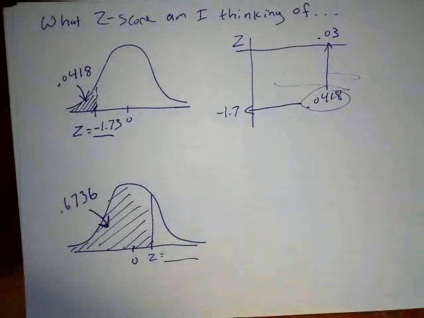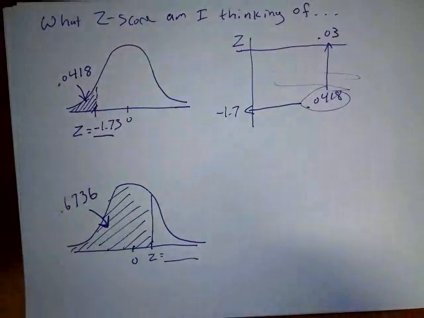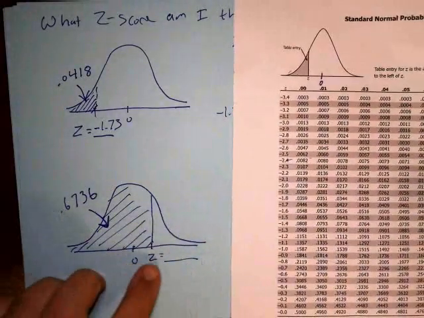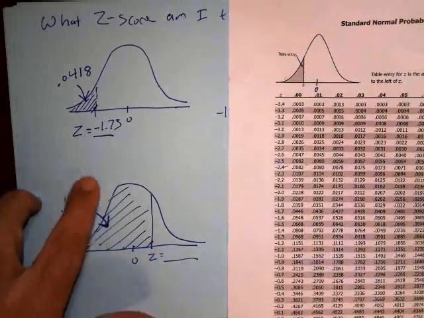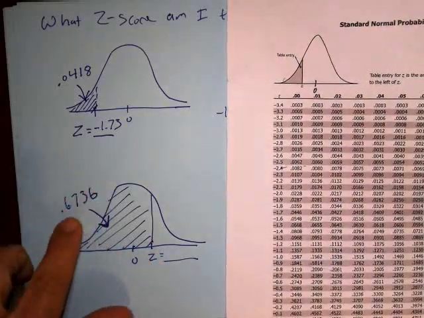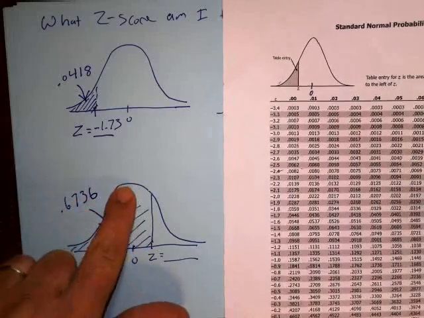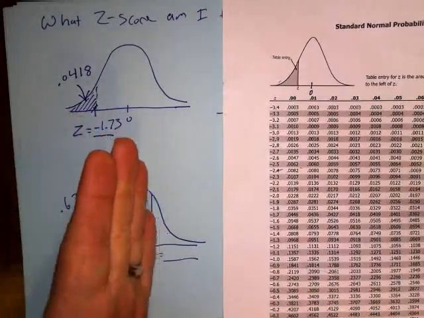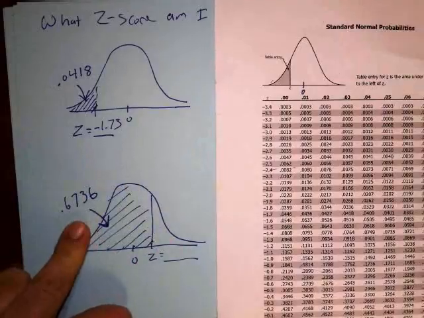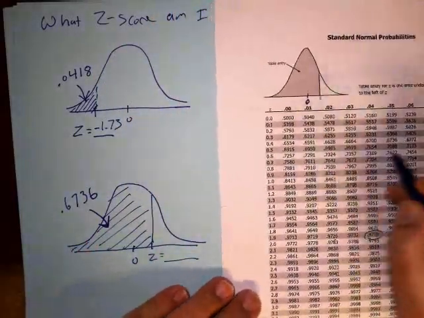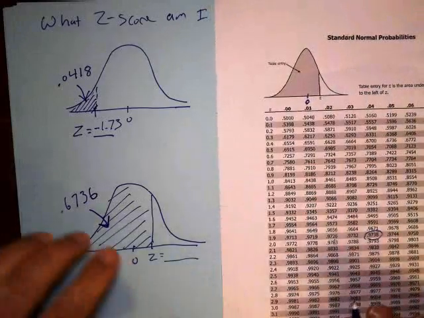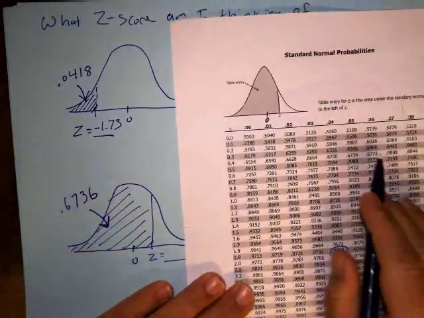Okay, so now let's see if you got it. First of all, notice that this is on the right side of 0, and this area is more than 50%. Below 0 is 50%, so that's more than 50%. So I need to look on the positive side of the table, and I'm looking for 0.6736.